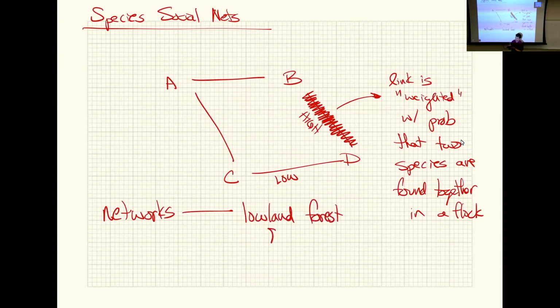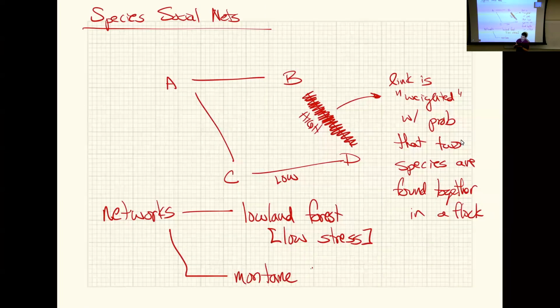and these are viewed as low stress environments for reasons that I could talk about offline if you'd like, and that I also talk about in the instructor's notes, or montane regions or mountain regions. And so basically this is high elevation.